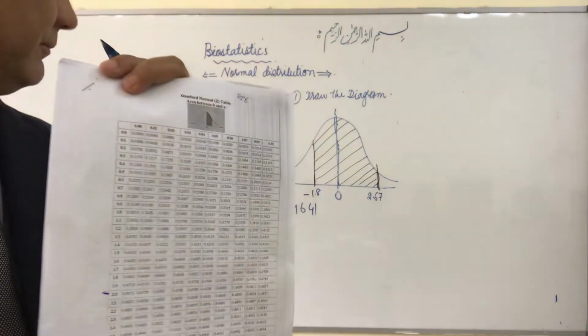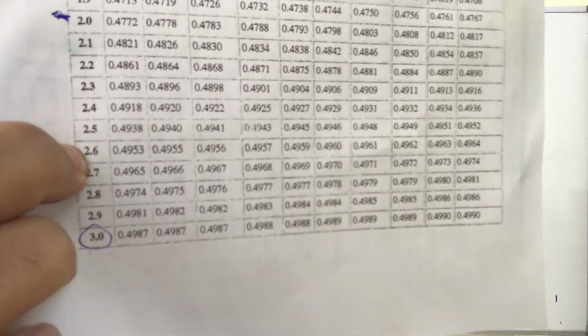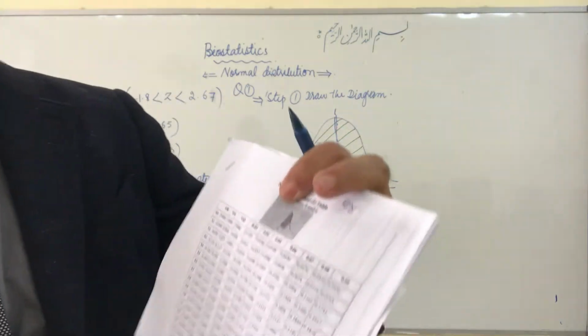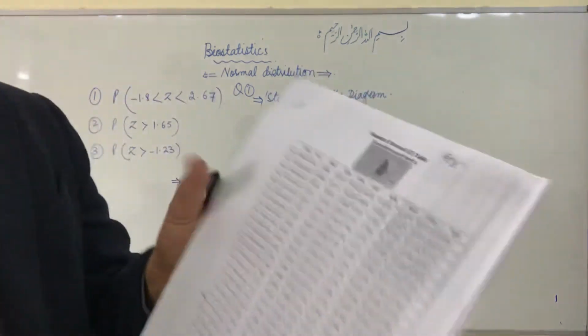So our second value is 2.6 in the row, and then we go to the column for 0.07.